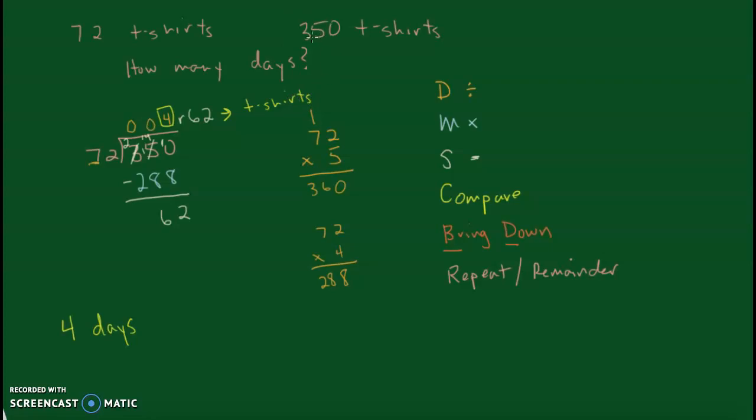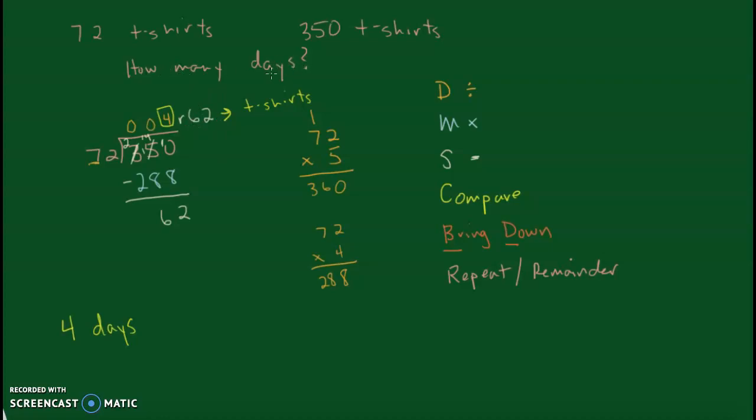So if they have an order for 350 t-shirts, they can make 72 t-shirts a day, and that takes them 4 days, but they still have 62 t-shirts to make. Are they going to just not make those shirts and not fulfill their order? No, they're going to make those 62 t-shirts, and so they're going to have to do that the next day.